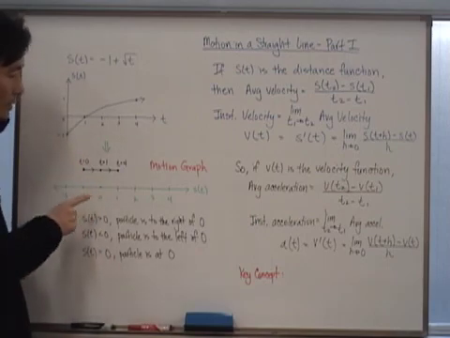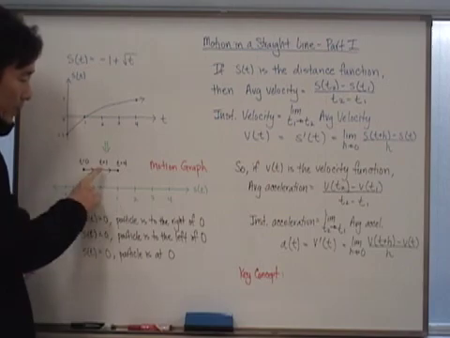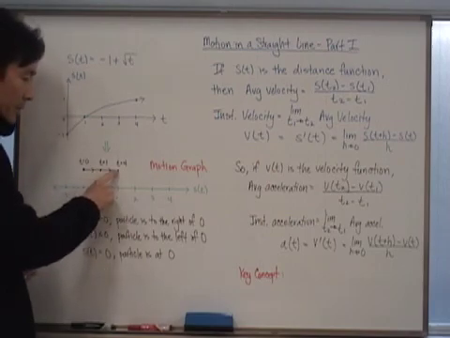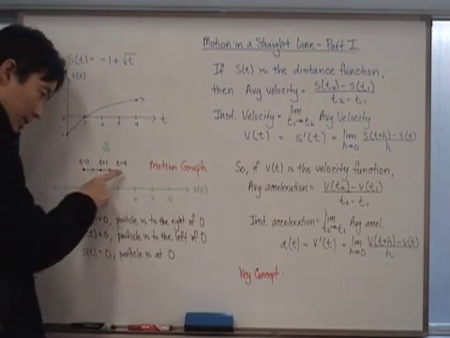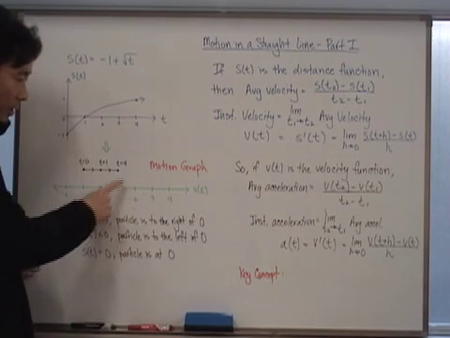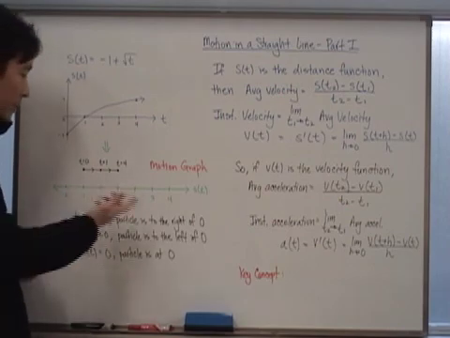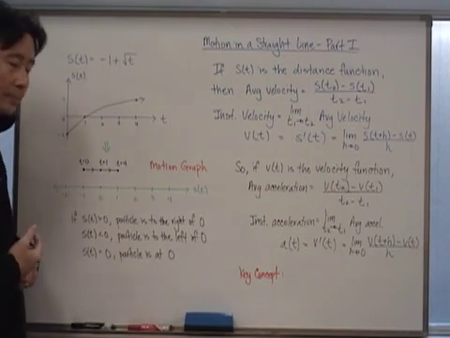In the same respect, when time was 4, the position was 1. That means that the particle is moving in this direction. So we have a particle that's moving continually in the right direction, starting from -1 and ending at 1 after 4 seconds. But notice, of course, that when t is equal to 1, it's at the position of 0.